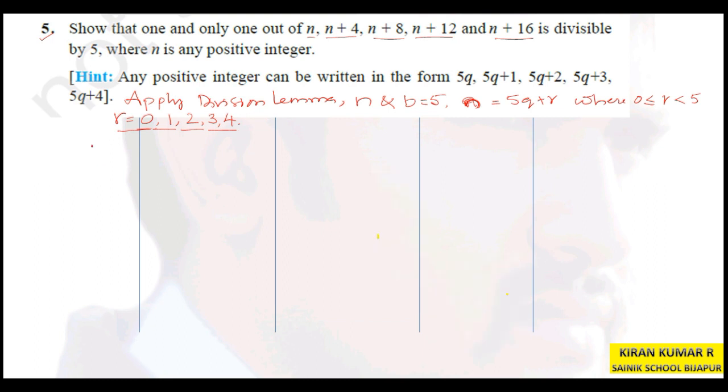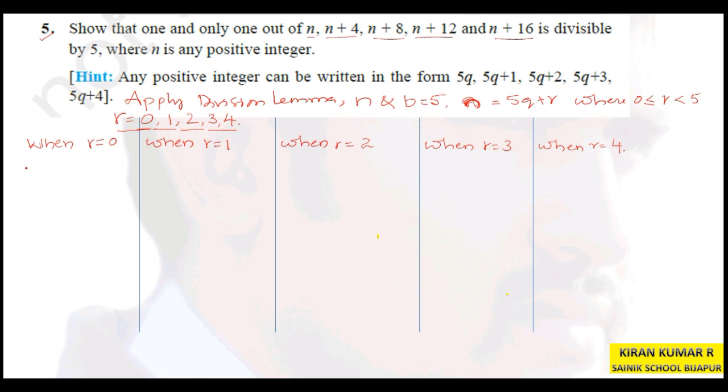In the first column, I'll consider when r value is 0. In the second column, when r value is 1. In the third column, when r value is 2. Then when r value is 3. Finally, when r value is 4.